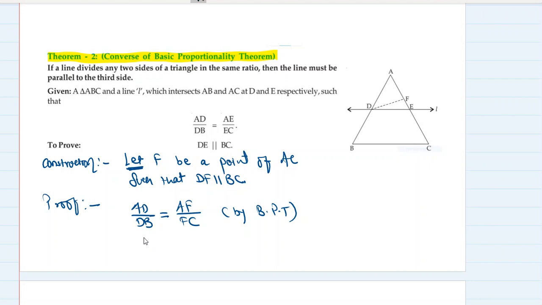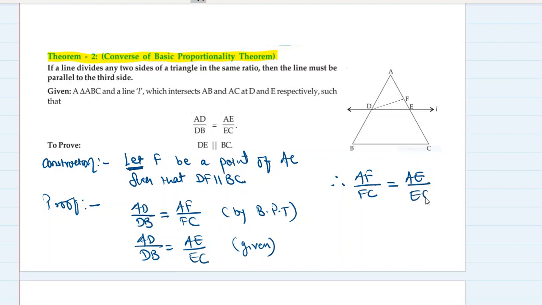But we already know that AD upon DB is equal to AE upon EC. Correct? We already know this. So this is given. See, in both the ratios, AD upon DB is there. So we can say that, therefore, AF upon FC is equal to AE upon EC.